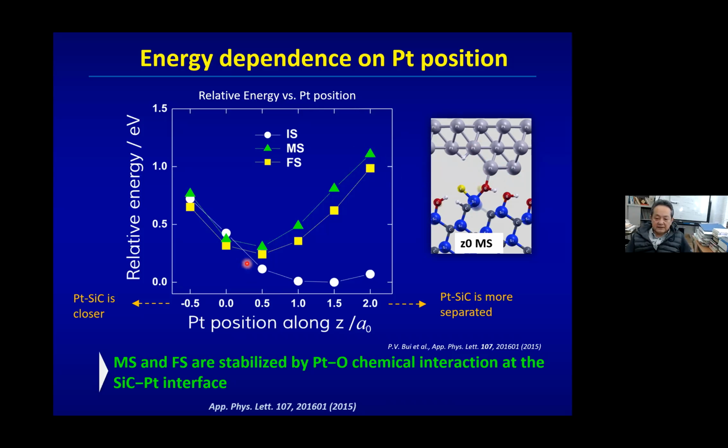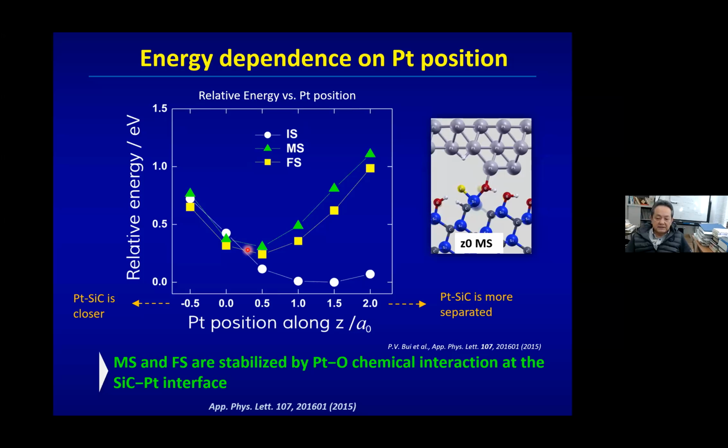But at the appropriate distance near here, this interaction is in the most appropriate situation, as you can see here. And at smaller distances, it becomes repulsive. This area is very important. And in this area, the energy difference becomes very small.